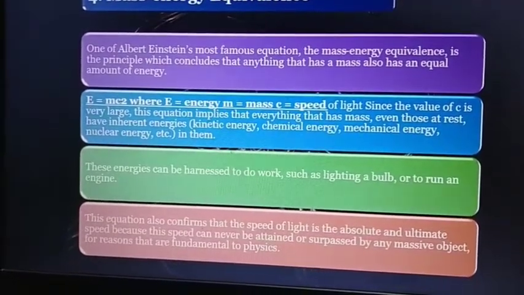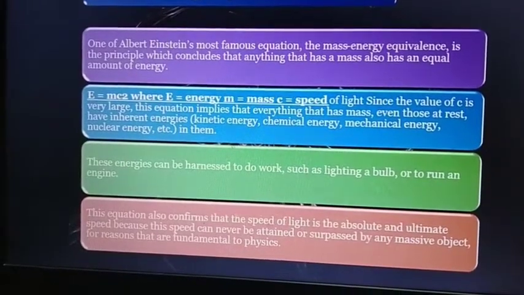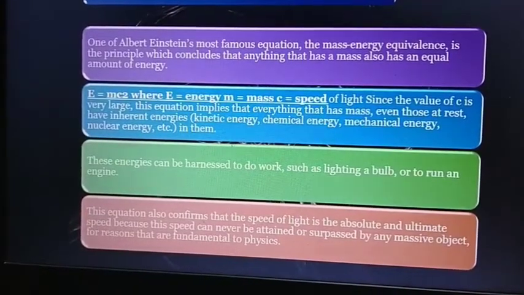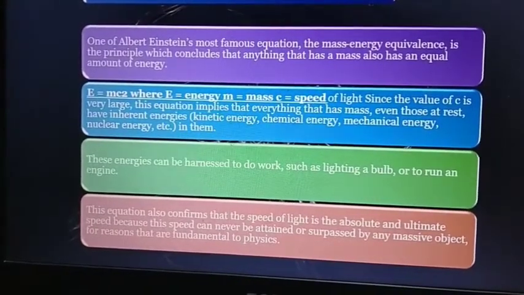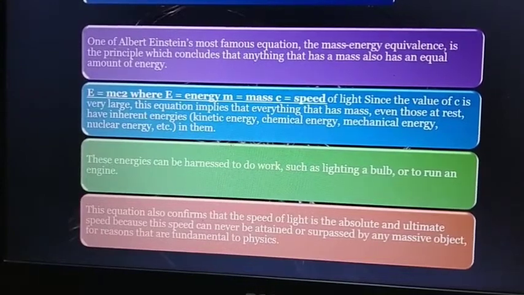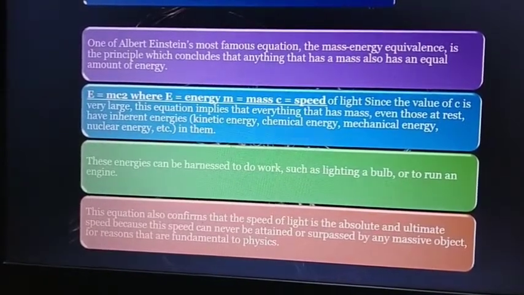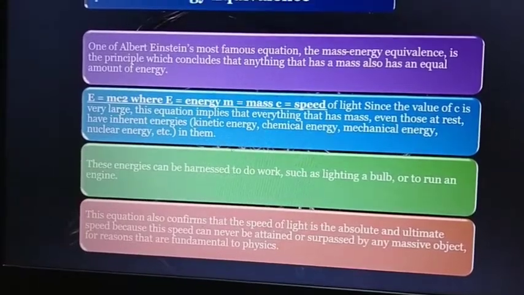And this equation of Albert Einstein confirms that the speed of light is the absolute and ultimate speed because this speed can never be attained or surpassed by any massive object for reasons that are fundamental to physics. Since sabi nga ni Albert Einstein, yung speed of light can never be attained or surpassed by any massive object, kaya hindi rin natin madi-demonstrate yung speed of light.